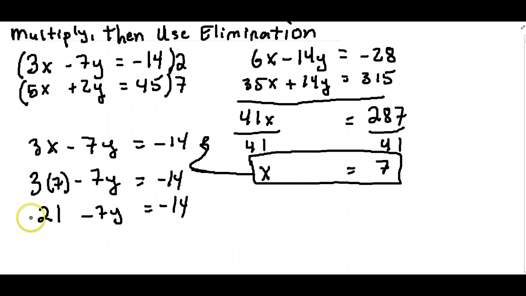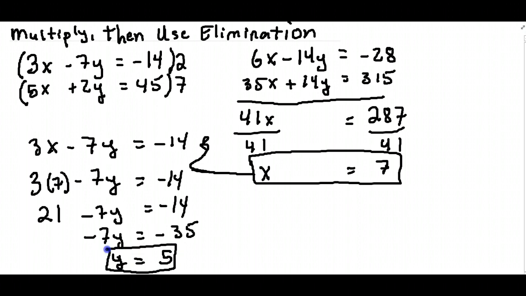Subtract that 21 from each side, we get negative 7y equals negative 14 minus 21, or negative 35. Divide each side by negative 7, we get y equals a positive 5.